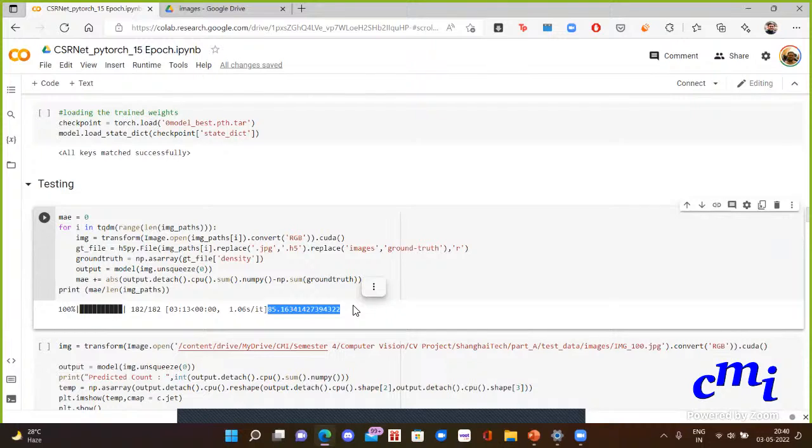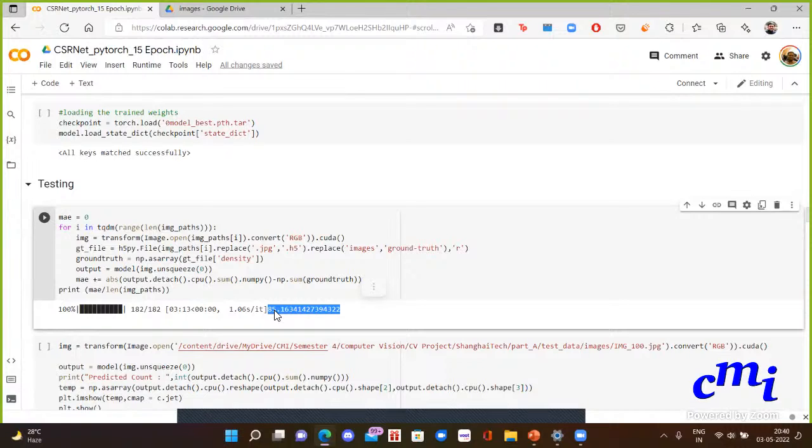But when you say what the MAE is, you have to say it with respect to something. Otherwise, just this number doesn't make sense, whether it is good or bad. From the paper, the MAE they have got is 69.7, so that's the threshold. Since we have trained only 15 epochs, we are getting around 85. But also, what is the MAE for comparable methods for crowd counting?